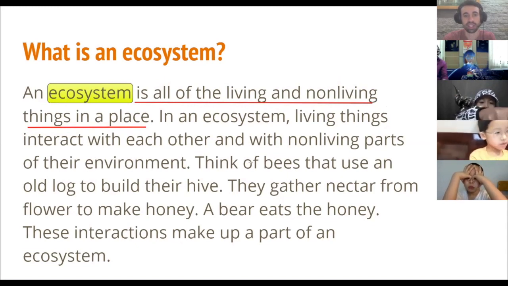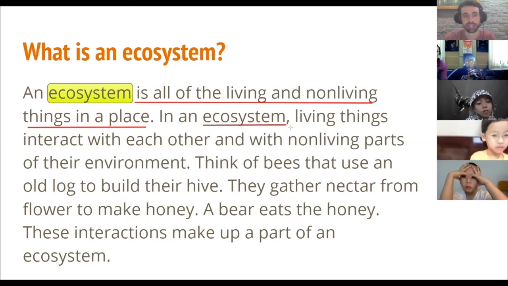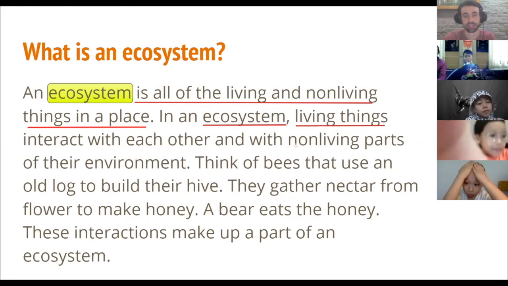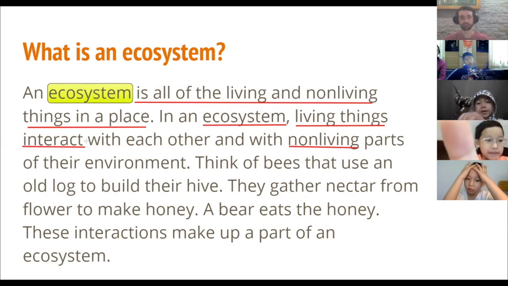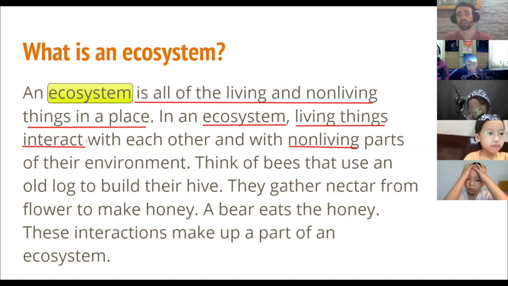But the key thing is in an ecosystem, living things and non-living things interact. So these are all the key words that you guys want to know. So you have living things and non-living things.